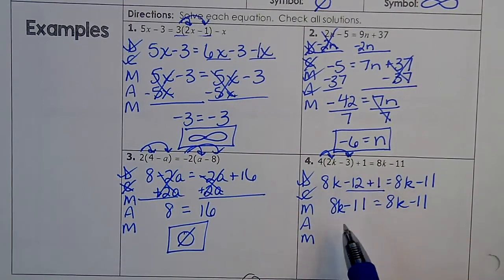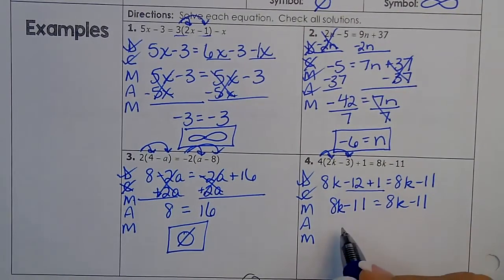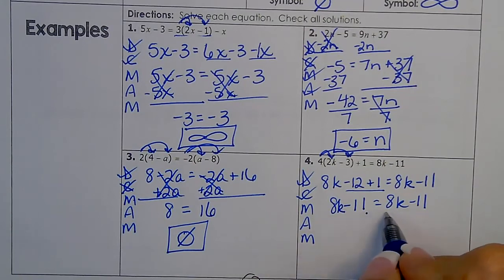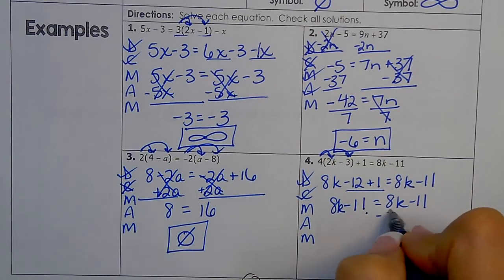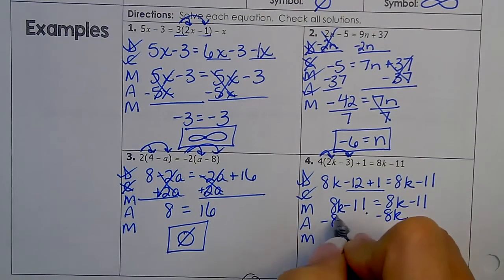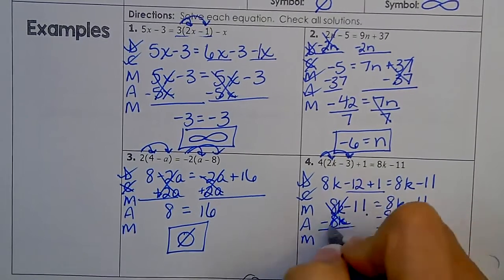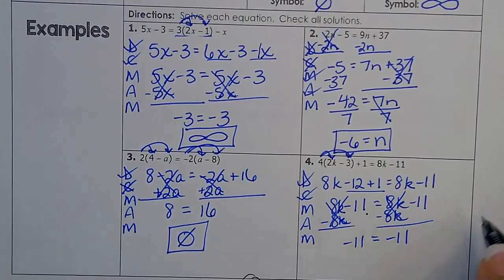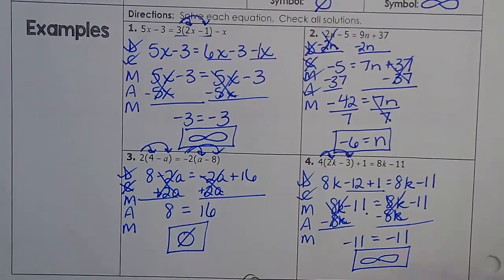Now, at this point, if I take a look, I can see that what I have is equivalent: 8k minus 11 equals 8k minus 11. So since that is a true statement, I know it's going to be infinite solutions. But I can go ahead and keep going. That terminates, and I'm left with -11 equals -11. So infinite solutions.